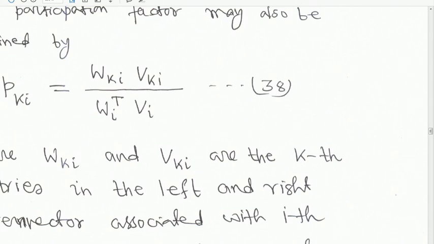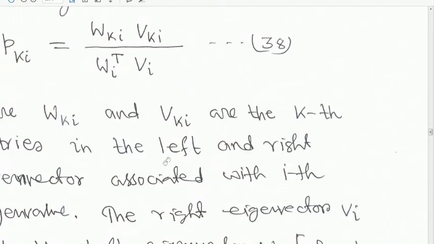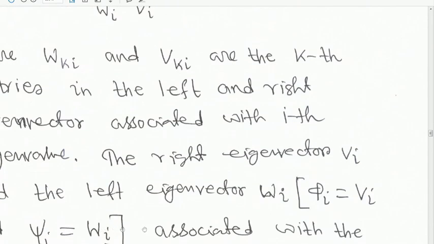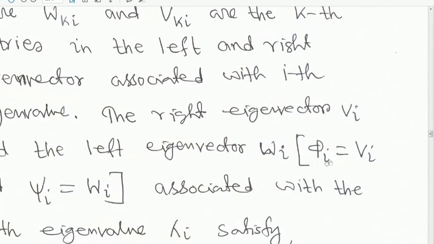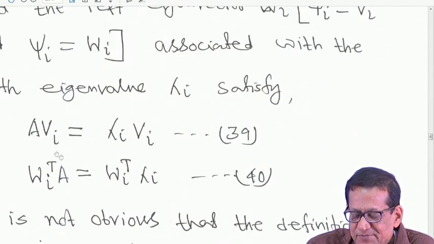So, where w k i and v k i are the kth entries in the left and right eigenvector associated with the ith eigenvalue. The right eigenvector v i and the left eigenvector w i, I have written here phi i and psi i equal to v i and w i, hence there is no confusion, associated with the ith eigenvalue lambda i, satisfying this, which we have seen before.